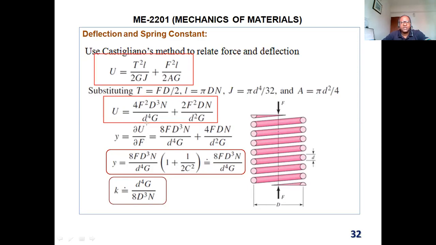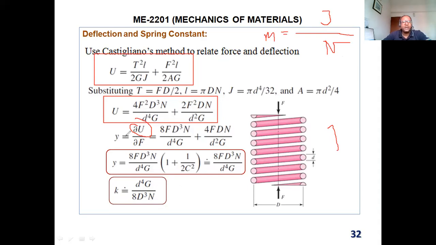What is the unit of energy? Joule, right? U is the joule, remaining at the top. J divided by, in the bottom, what you have? Force, Newton. And on the left side, Y, deformation, in meters. So what are you getting? Joule equals Newton meter. The unit is the same.